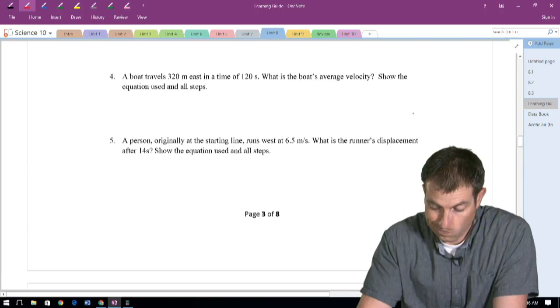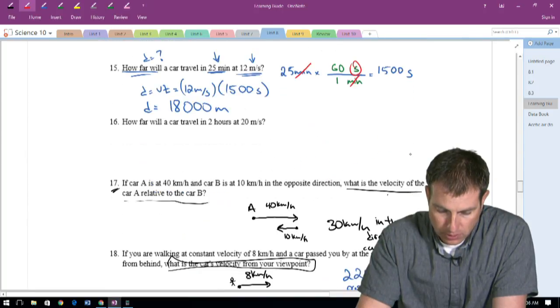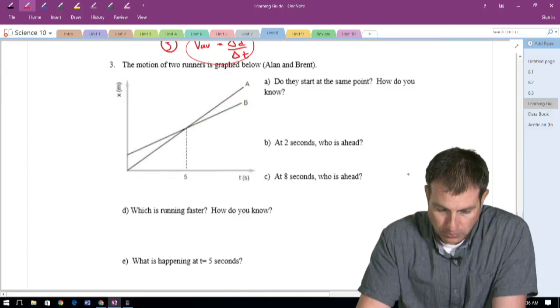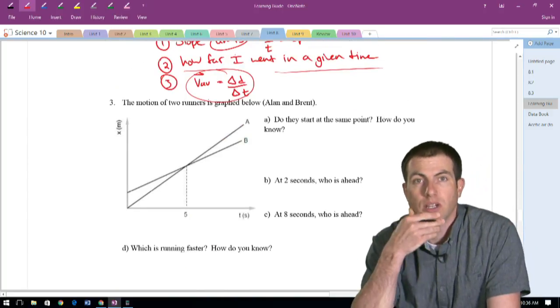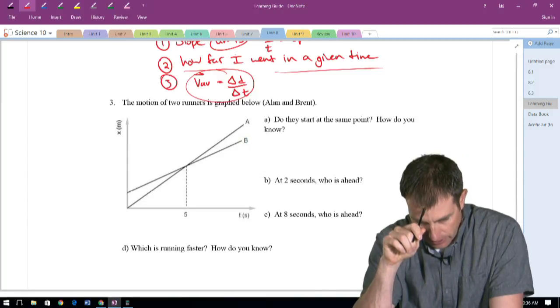So it's 10:30 right now. The next section's on graphing. So what do we have left? We've got 3 sections left. We've got graphing, we've got acceleration, Unit 9.